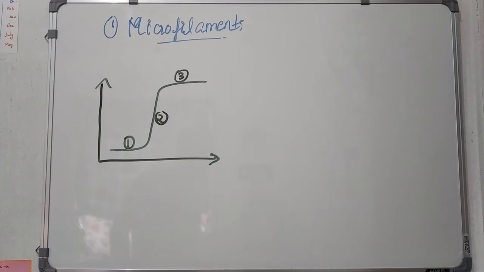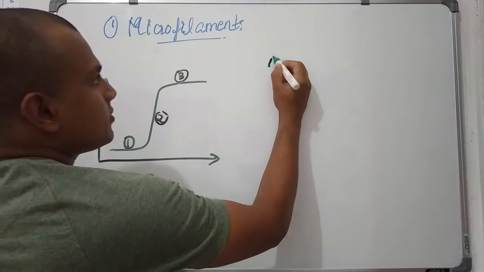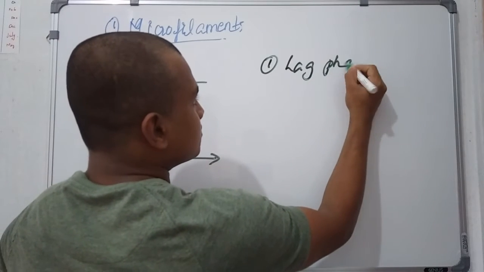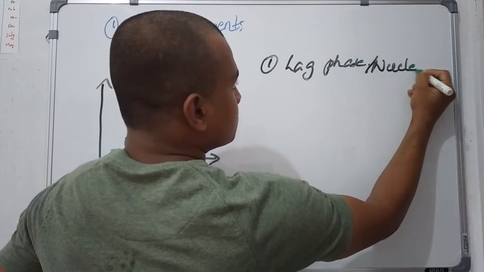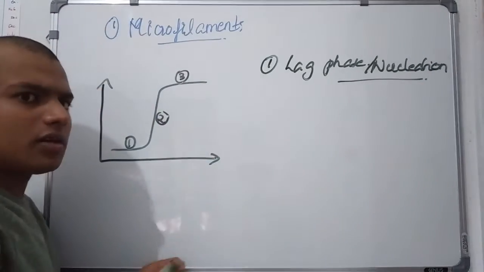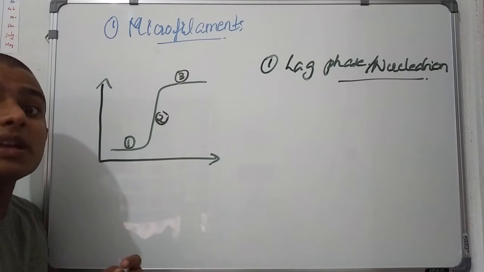Now, when G-actin group together to form filamentous actin or F-actin, there are three different phases: 1, 2 and 3. The first phase is known as the lag phase or nucleation. In lag phase or nucleation, the molecules arrange themselves in a particular manner so that polymerization can start.